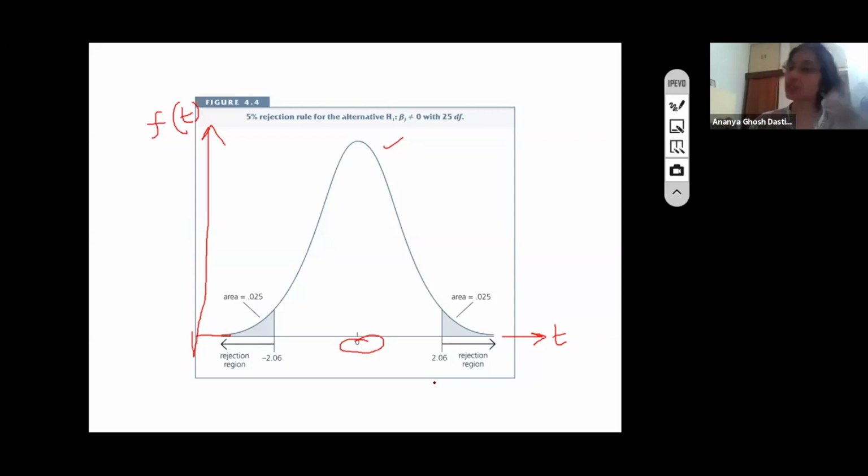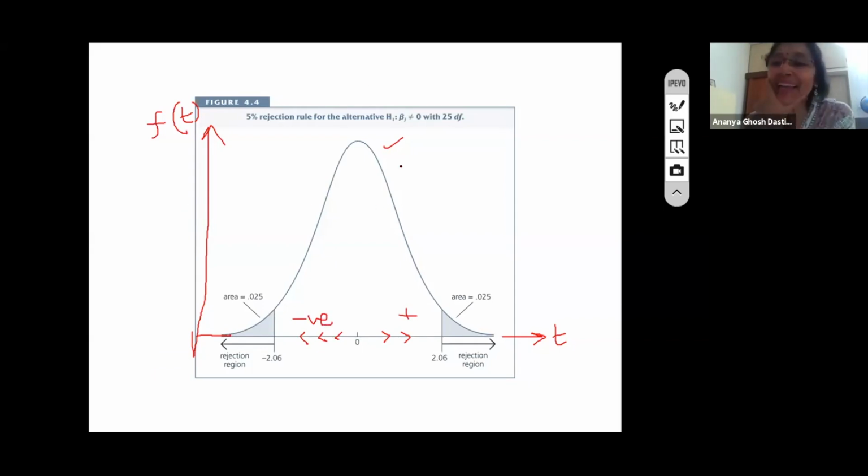The t is also therefore centered at 0. Now, what does that mean? It means that I can have both negative t values as well as positive t values. All the values to the right of 0 will be positive, and all the values to the left of 0 are going to be negative, right?